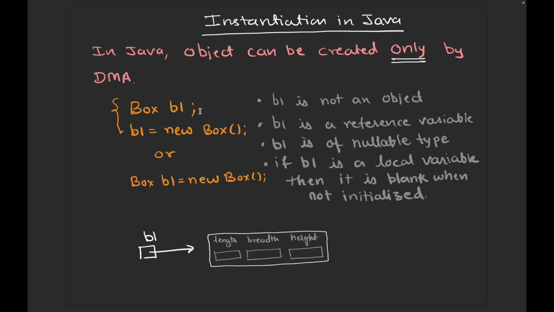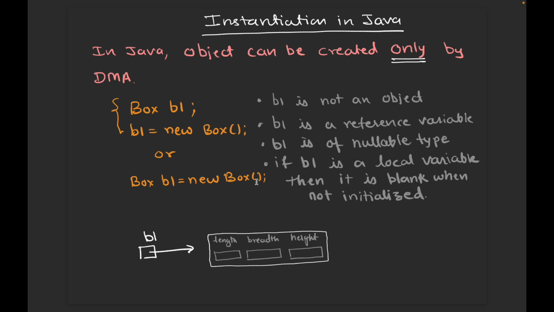Only b1 is a nullable type, it contains a null value, and if b1 is a local variable, then it is blank when it is not initialized. Most of the time you will use Box b1 equals new Box, brackets and semicolon.